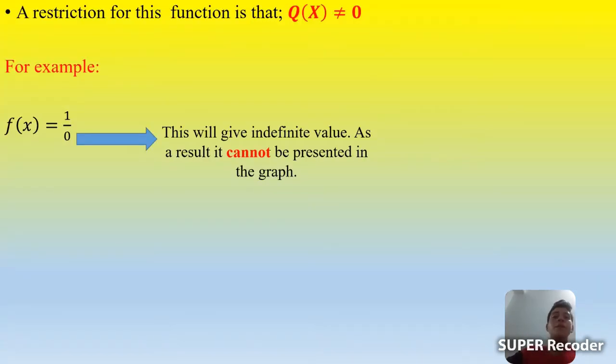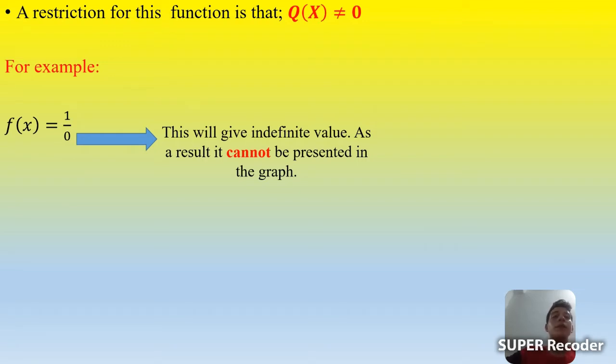A restriction for the function is that q of x is different from 0. For example, f of x equals 1 over 0 will give an undefined value.